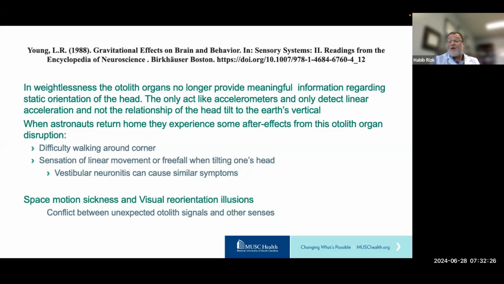Vestibular neuronitis can cause similar symptoms if you listen attentively to patients describing their first few days of symptoms. Vestibular migraine can cause similar symptoms. Space motion sickness and visual reorientation illusions are due to a conflict between what the utricle and saccule are sensing and the other senses.